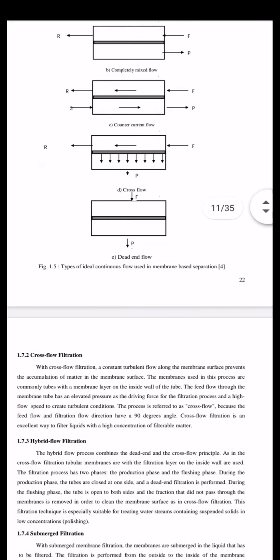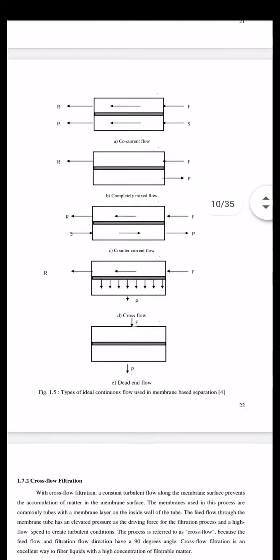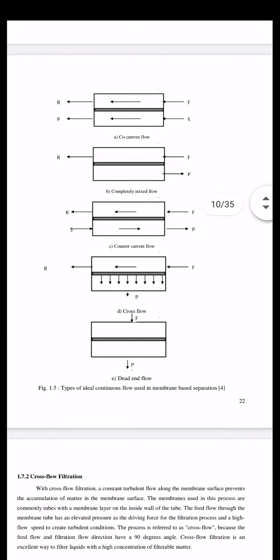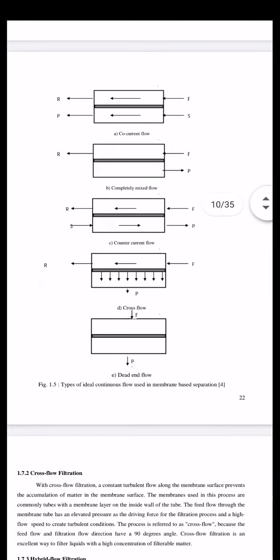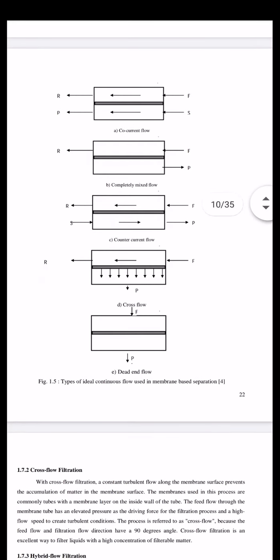So these are the types of ideal membrane separation techniques based upon the various types of flows. Easily by using this figure or diagram, you can understand the various techniques for separation: the co-current flow, completely mixed flow, counter current flow, and cross flow.